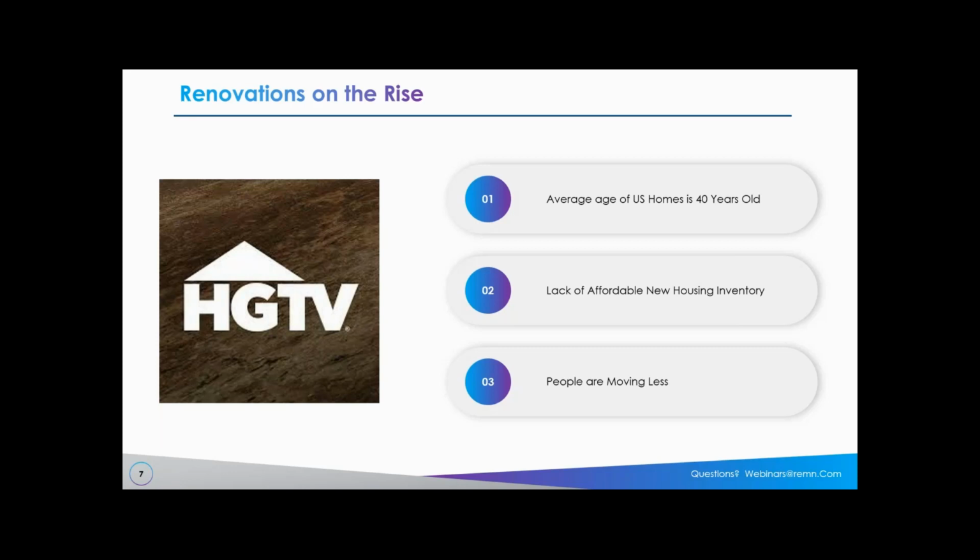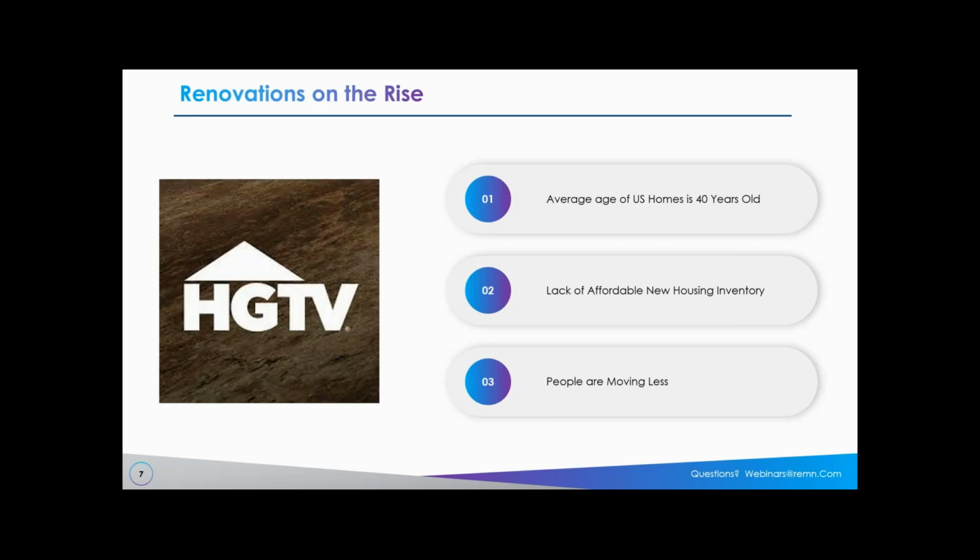So we need to capitalize on that with the 203K refi and the HomeStyle refi, both of which, if the value comes in high enough, the borrower doesn't have to bring any money to the table. So you can have a really nice home, the home of your dreams, do all the repairs that you need and not bring any money to the table. And lastly, this goes without saying, people are moving less.